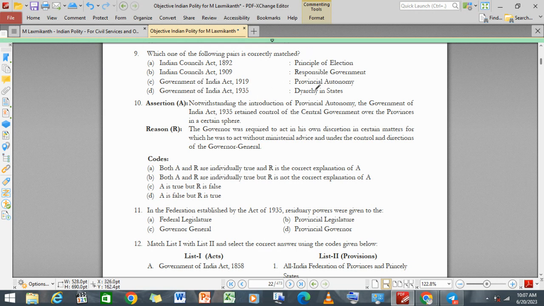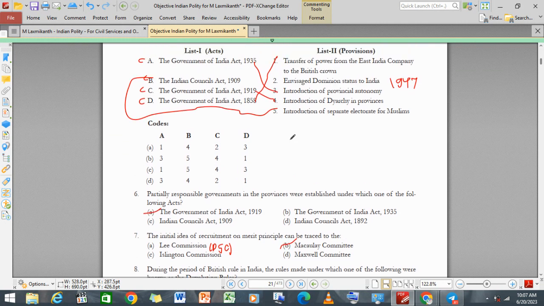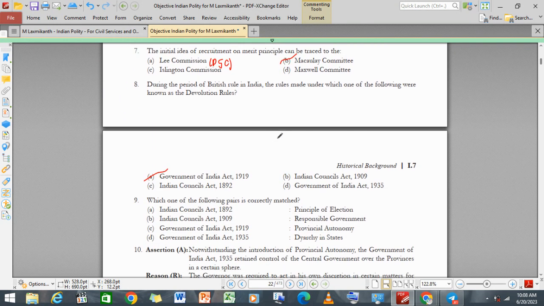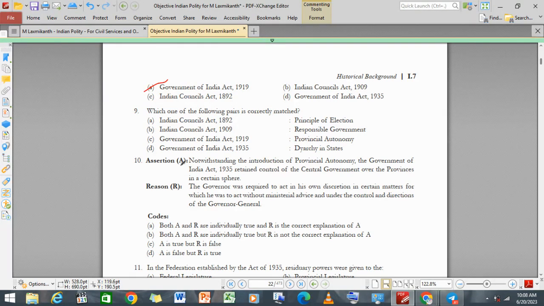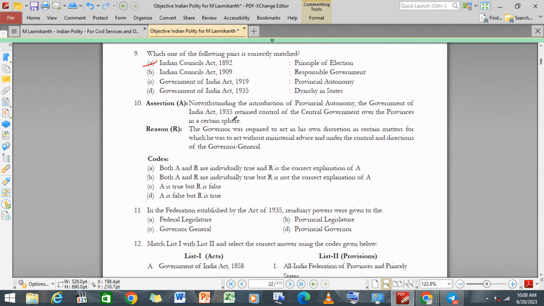Government of India Act, Diarchy in state came in 1919, right? Provincial autonomy came in 1935, as we have already told. So it is also not correct. So if any has to be correct, then principle of election can be it. Why? Because based on election, they have taken the executive members, four out of nine people.